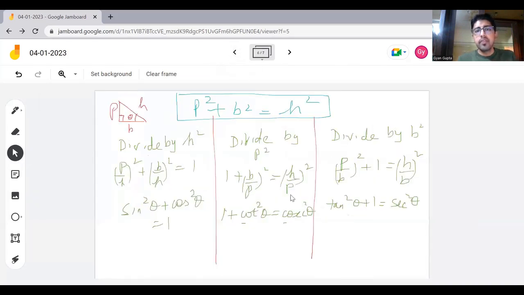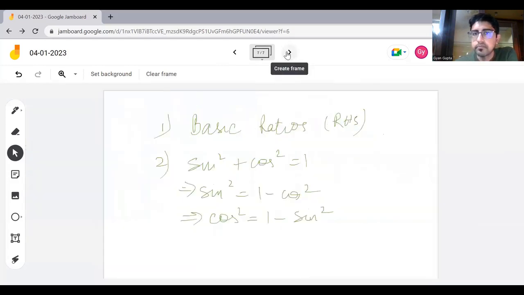Same way, if I look at 1 plus cot square is equal to cosecant square, I can write this as cosecant square minus cot square is equal to 1, or cosecant square minus 1 is equal to cot square. Secant square minus 1 is equal to tan square, or secant square minus tan square is equal to 1.